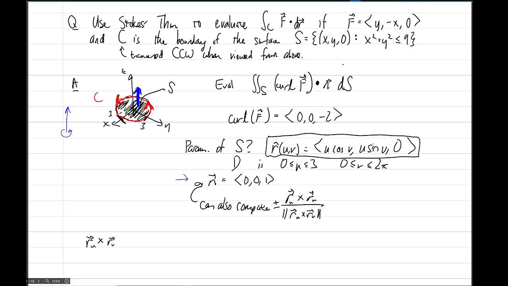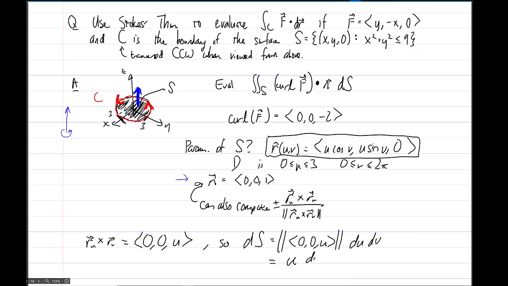If we compute that, we didn't do the partial derivatives here, but if you do, you'll have 0, 0, u, and then computing dS should be the magnitude of the vector we just looked at, the magnitude of the 0, 0, u vector, times a du dv or a dv du. If we compute this magnitude, it will end up being u du dv. The vector 0, 0, u is just going to have magnitude u as long as u is positive, which is what we have in this example.